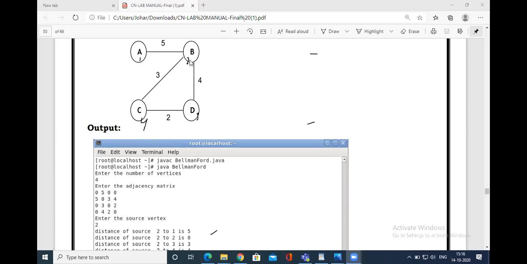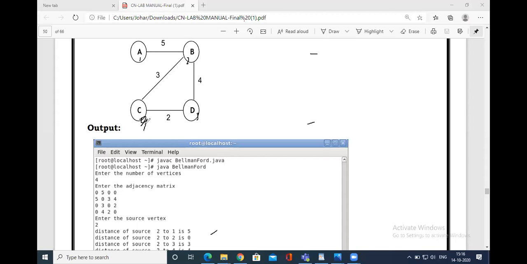But maybe you are finding it easy here since the graph is easy. But how will the program flow based on the Bellman-Ford algorithm, that is, using the concept of relaxation? 2 to 2 is 0. 2 to 3, what is 2 to 3? It is 3. Sorry, 2 to C is 3 here, okay?